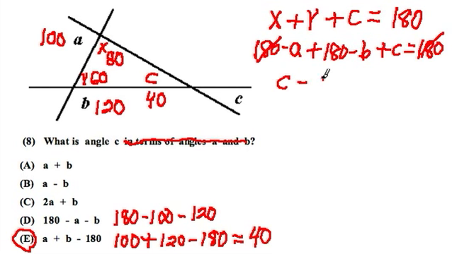So C minus A minus B plus 180 is equal to 0.